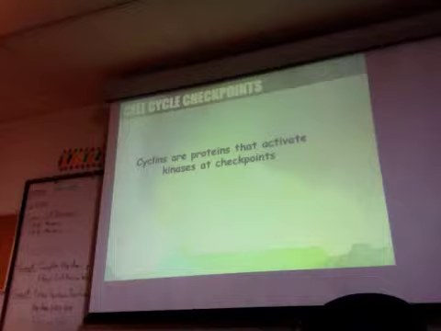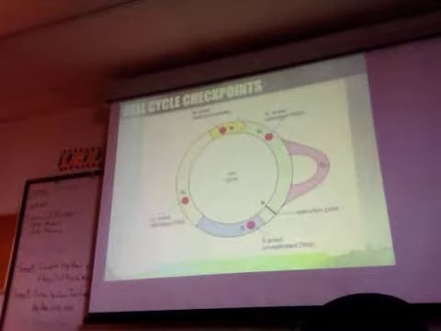Yes, ma'am? Going back to the graph on the previous slide, the G0, what does that do? That's when a cell is put on hold, or it hits a stop signal, it goes into a resting state. At that point, it can stay there indefinitely, and it'll eventually die, right?